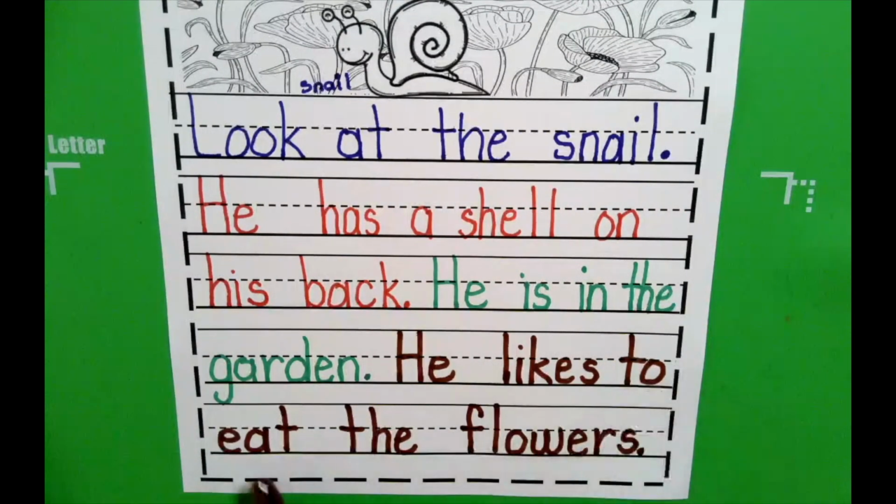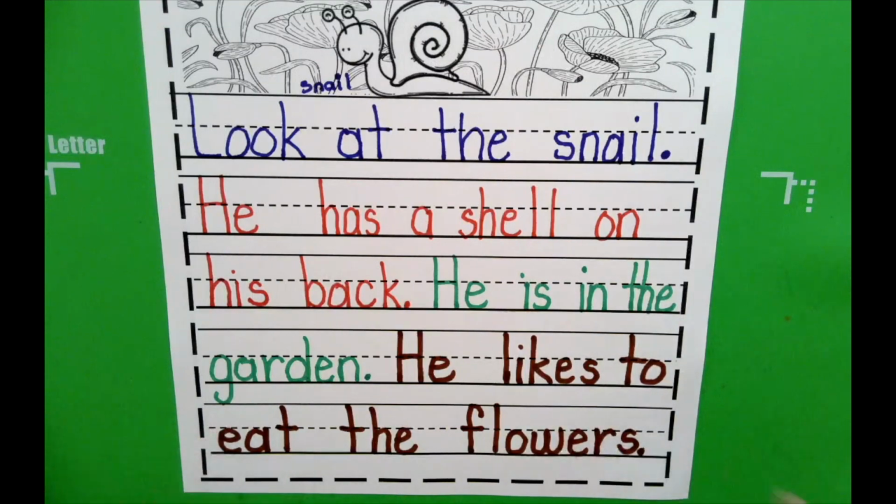He likes to eat the flowers. Your turn. He likes to eat the flowers. Let's count how many words are in this sentence. 1, 2, 3, 4, 5, 6. There are 6 words that make up this sentence. He likes to eat the flowers.